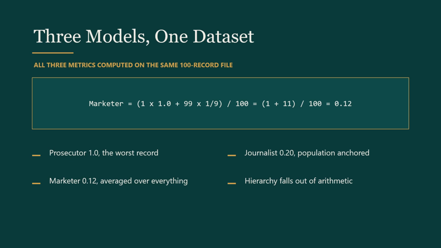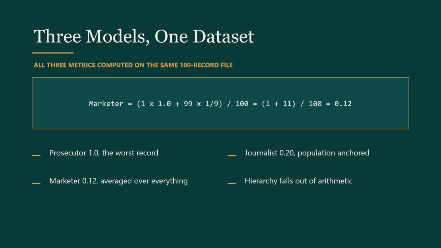So the numerator is 1 plus 11, which is 12. And the average is 12 divided by 100. 0.12.